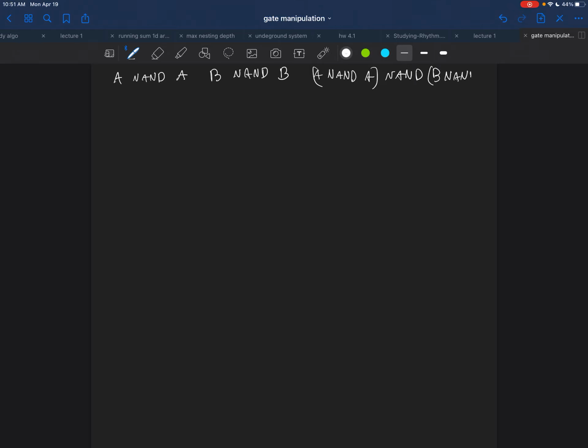We make space in case it gets long. A NAND A, B NAND B, and then finally (A NAND A) NAND (B NAND B). Okay, you get the point.